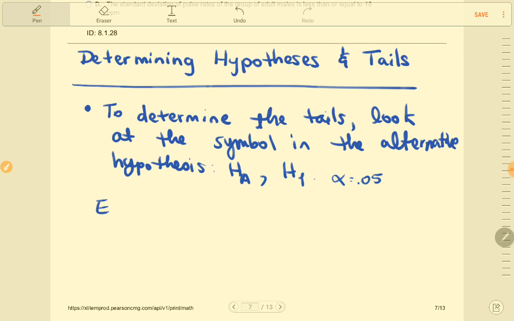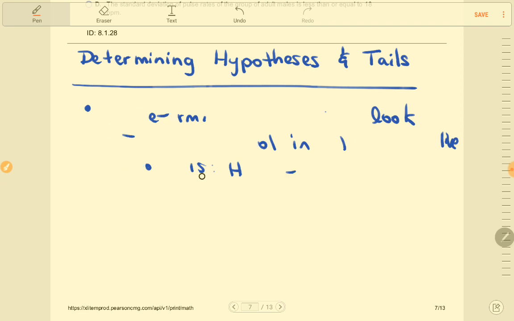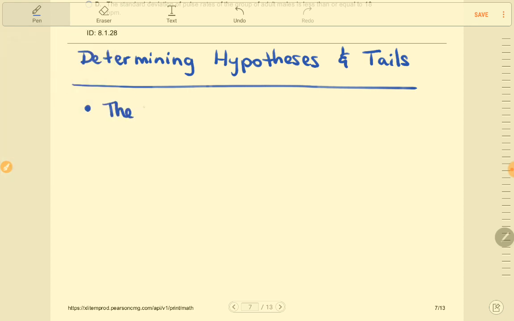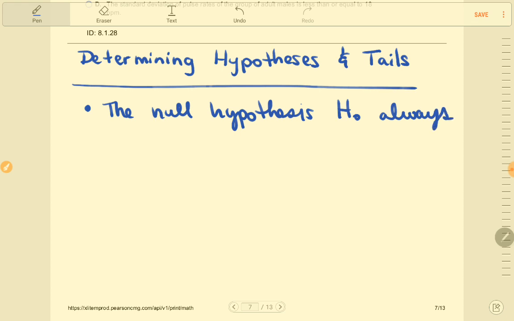Now let's talk about the null hypothesis, which is our default assumption. So when we do a hypothesis test, we're trying to see if we have significant evidence to support rejection of the default assumption. All right, so the null hypothesis H sub 0 always assumes equality.